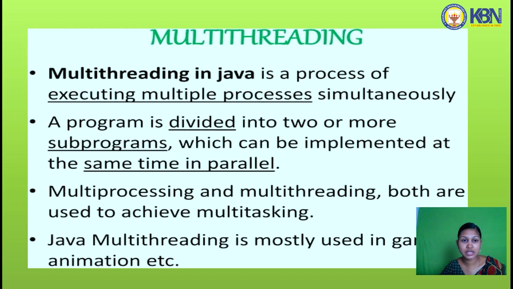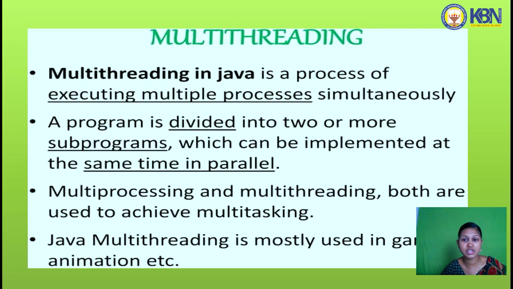In a thread, a program is divided into two or more subprograms and they are executed at the same time in parallel. I divide a program into two parts, and one part is executed while, continuously and in parallel, another part is also executed.